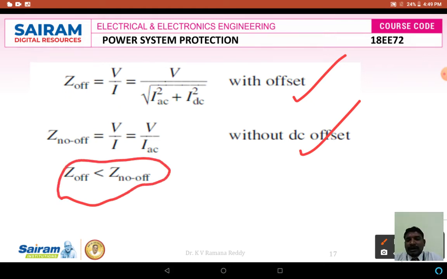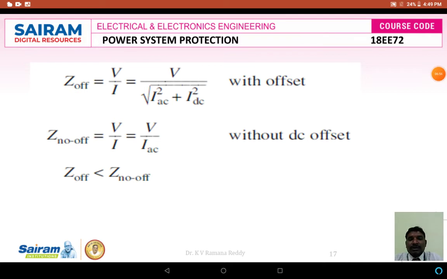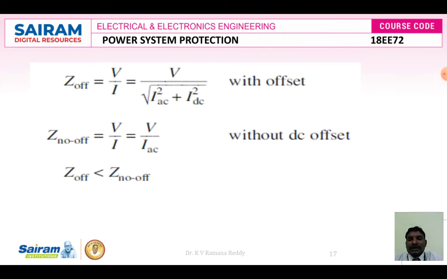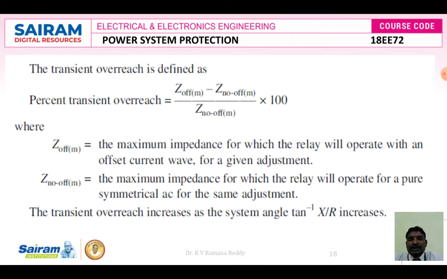So this is how we can conclude how an overreach distance relay will perform. When the impedance Z without DC harmonics is greater than the impedance with DC harmonics, then the overreach distance relay will function.